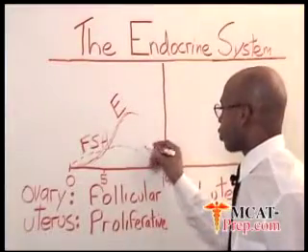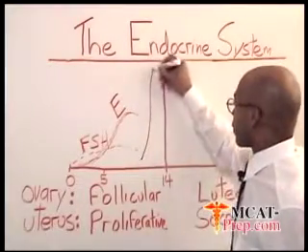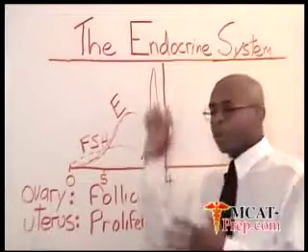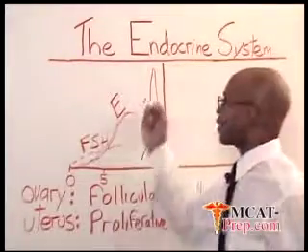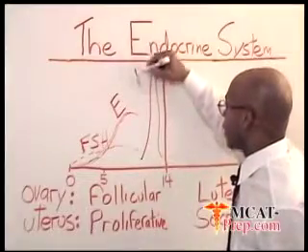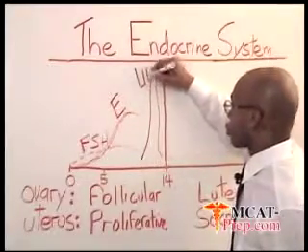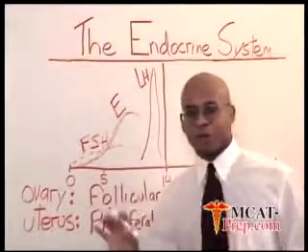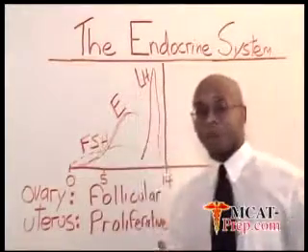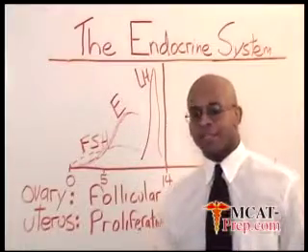So when you see a hormone that just peaks all of a sudden just before day 14, that is called the LH surge. So right away, no matter what the other graphs are doing, you know that the one that has the big peak just before ovulation is the LH.